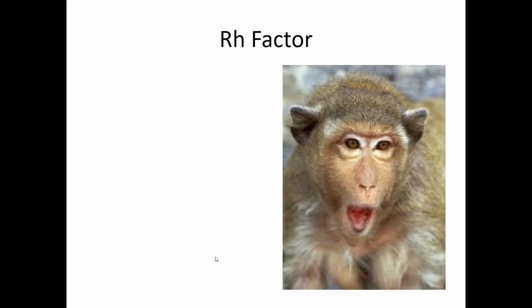Another factor with blood is called the Rh factor, or the rhesus factor, which is named for the rhesus monkey, which is what you see there. And a lot of times you'll hear someone is type O negative or A positive. Well, the Rh factor is another factor in blood typing, and positive is a dominant trait and negative is a recessive trait.